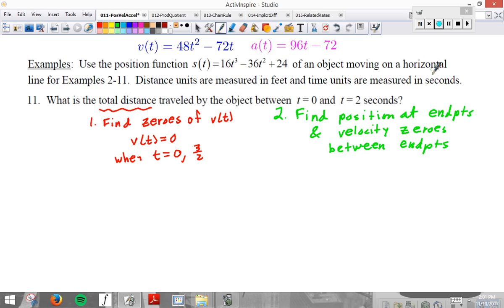So in this case, the endpoints are 0 and 2. And we're going to find out 3/2 because 3/2 is between 0 and 2.